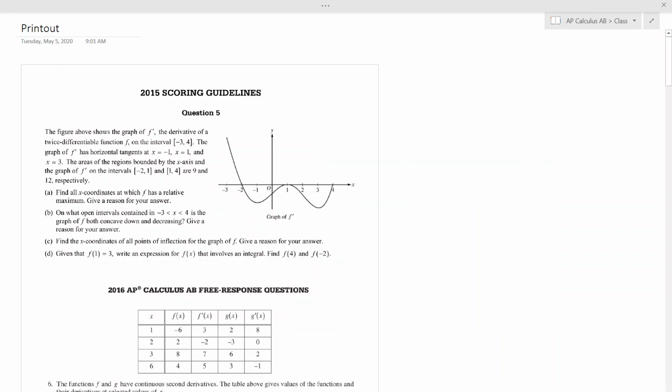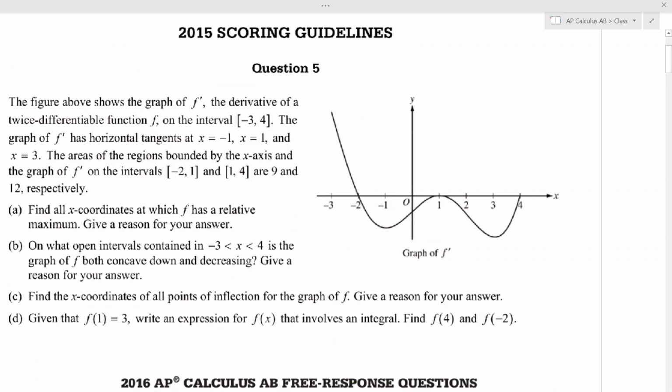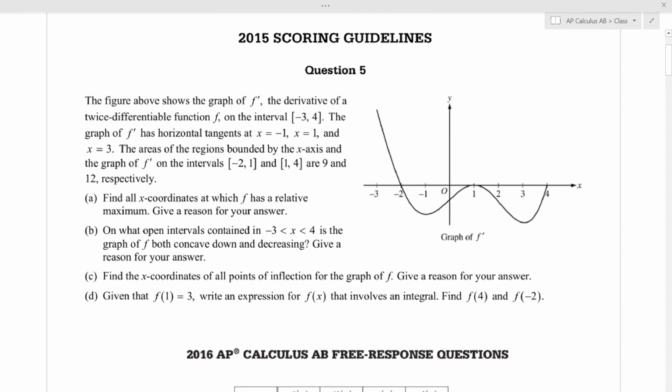Let's do it. So we'll start with 2015, number 5, where they're giving us a graph of f prime, and they're telling us the areas of the regions in here, okay? So f is twice differentiable, which means we can find f prime and f double prime on that interval. The graph of f prime has horizontal tangents at -1, 1, and 3.